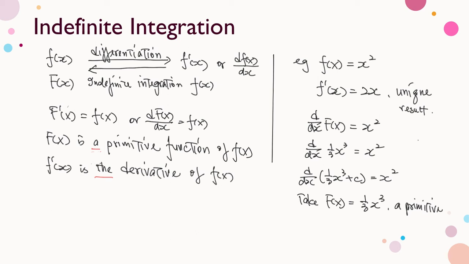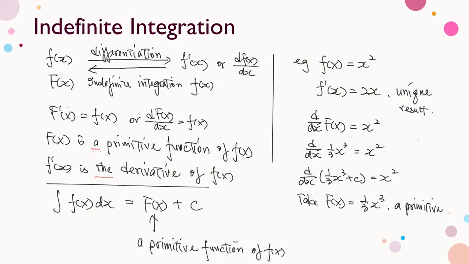In general, we use the following notation to represent the relation between the function f(x) and its primitive big F(x). The integral of f(x) is big F(x) plus c, where big F(x) is a primitive function of small f(x) and c denotes the integration constant. In textbooks, after this definition and notation, we derive properties and formulas for indefinite integration from those results established in differentiation.